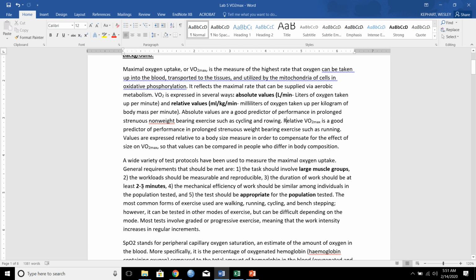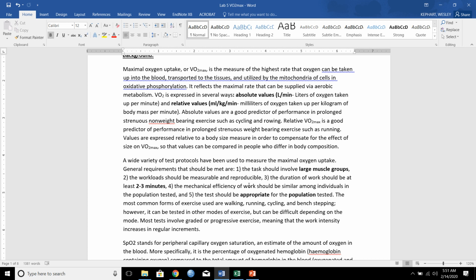Next, there's a wide variety of maximum oxygen or VO2 max tests. In general, here are a couple of aspects of them. They should always involve large muscle groups, because whenever we're testing these, we're really testing the oxygen capacity of whatever the primary muscles utilized are.